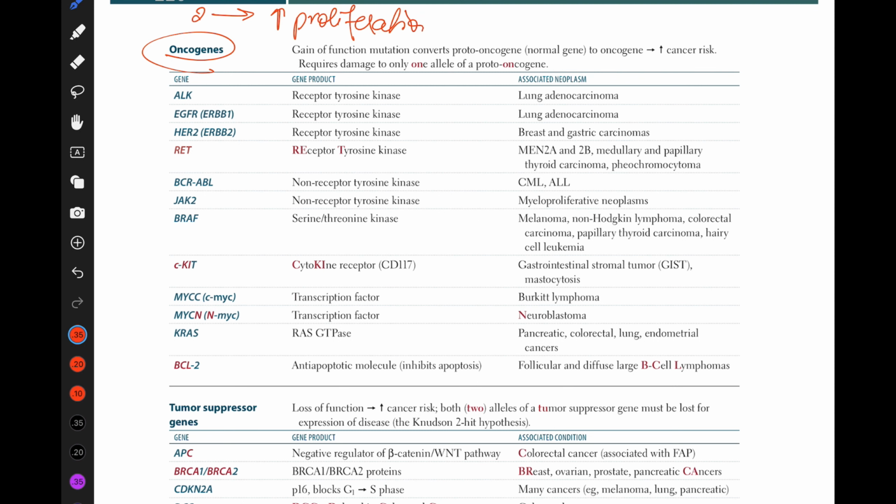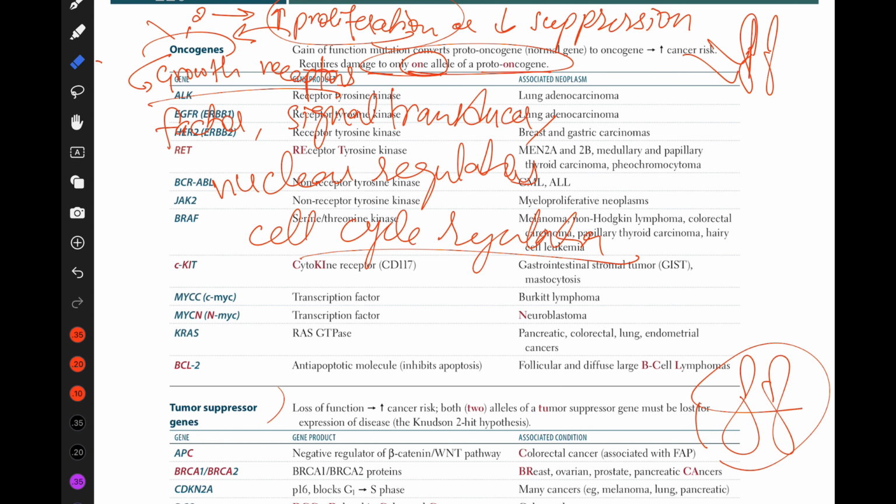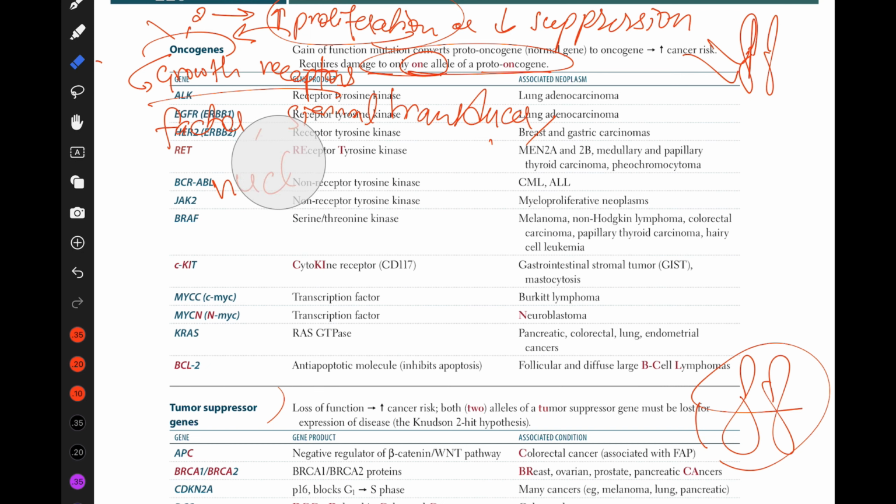These all are the factors that genes use to make cells cancerous. First, the growth receptors, growth factors, signal transducers, nuclear regulators, and cell cycle regulators.